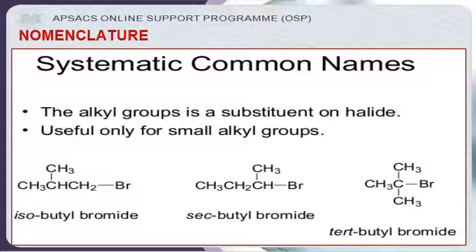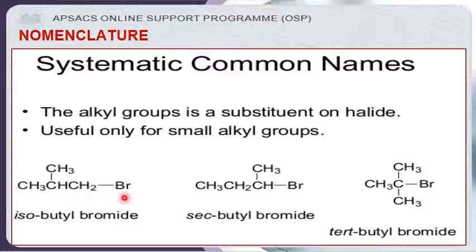In the common system, this method consists of first writing the name of the alkyl group, whether it is butyl, propyl, pentyl, hexyl, and so on, to which the halogen atom is attached. First you must give the name of the alkyl group, then you write the name of the halide.